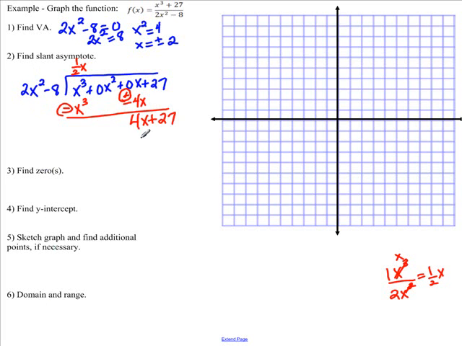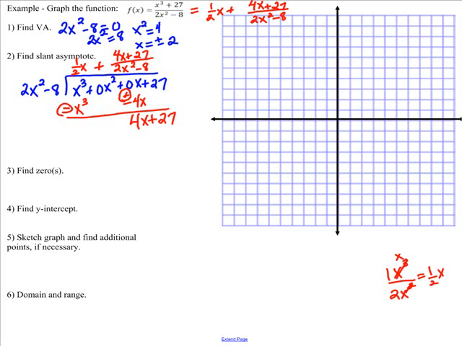So we can stop and put this as a remainder over 2x squared minus 8. So here again we can say that x cubed plus 27 divided by 2x squared minus 8 is equivalent to 1/2 x plus 4x plus 27 over 2x squared minus 8.